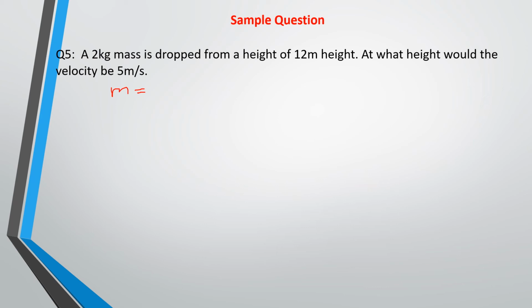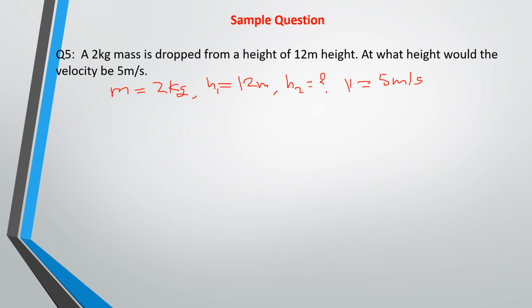Okay, so for this one, you are given the mass. The mass is 2 kg. Then you are also given the height to be equals to 12 meters, which is the first height, h1. You are looking for the second height, h2, where v will be equals to 5 meters per second.